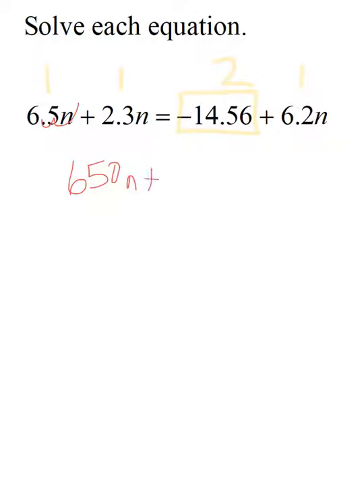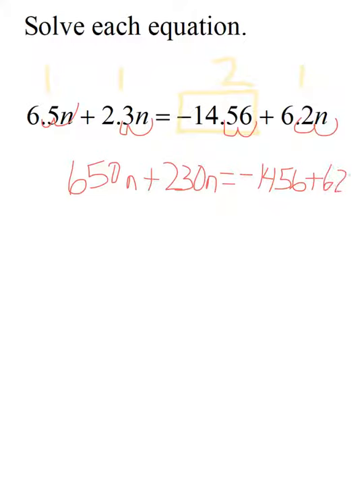Then in my second term, I copy that symbol of addition, I've got to move it twice, so that's going to become 230 n's. And then that is equal to, I move this one twice, it becomes negative 1456. Copy the plus sign. And now move this one twice, and it becomes 620 n's. Now I just need to go ahead and solve this equation.